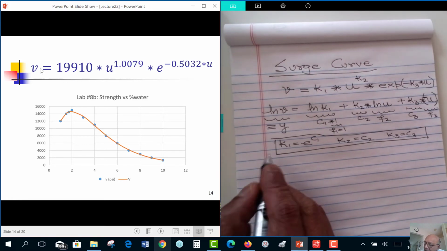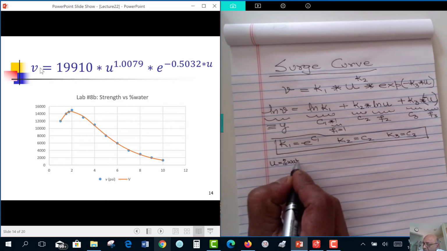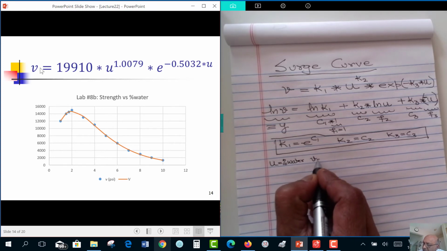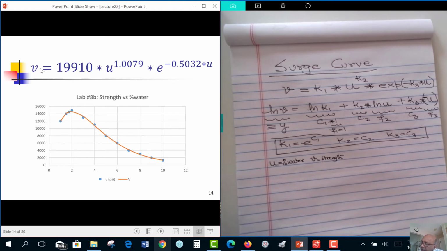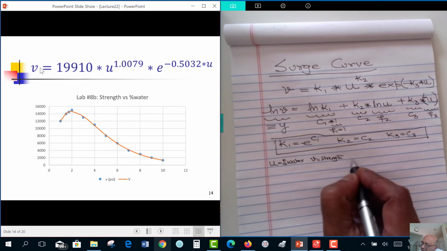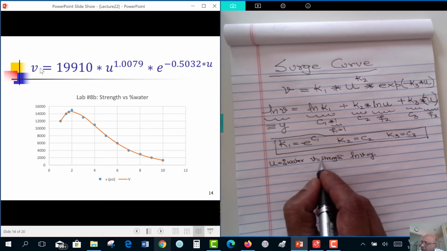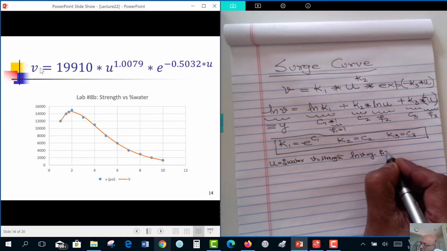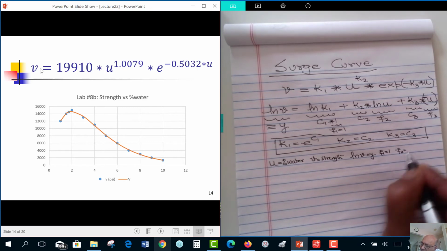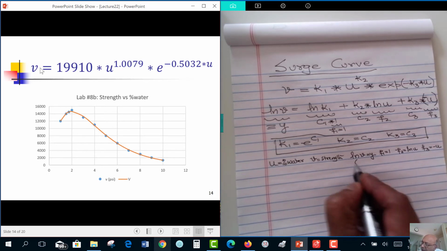So we are given these data points. So U is percent water, V is strength, right? So when we take log of V, we will get Y. So F1 is 1. F2 is log of U. And F3 is just minus U. So we have all this.